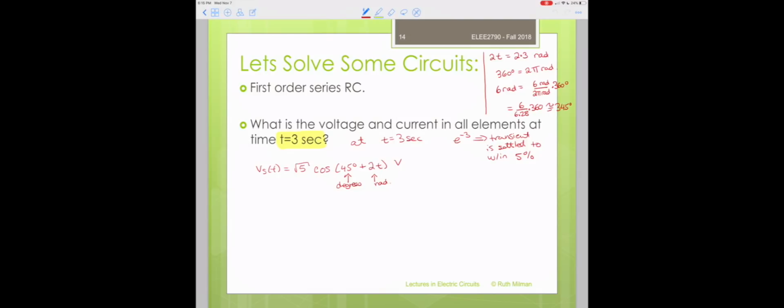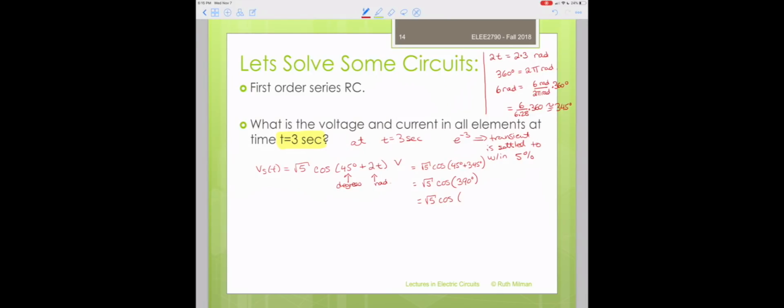Let's actually turn around and plug that in. So this is equal to root 5 times the cosine of 45 plus 345, which is equal to root 5 times the cosine of 390 degrees, which is actually exactly equal to root 5 times, I'm going to subtract 360 off of there.